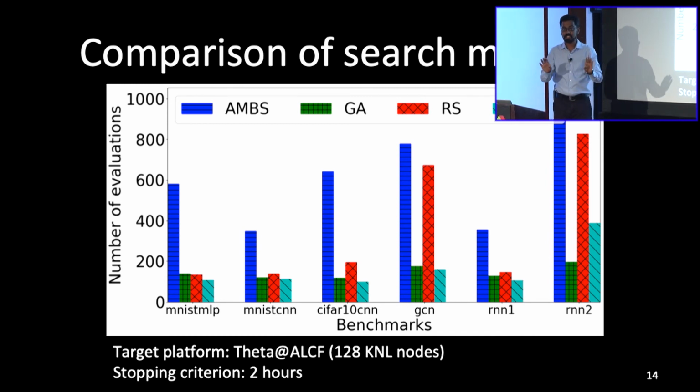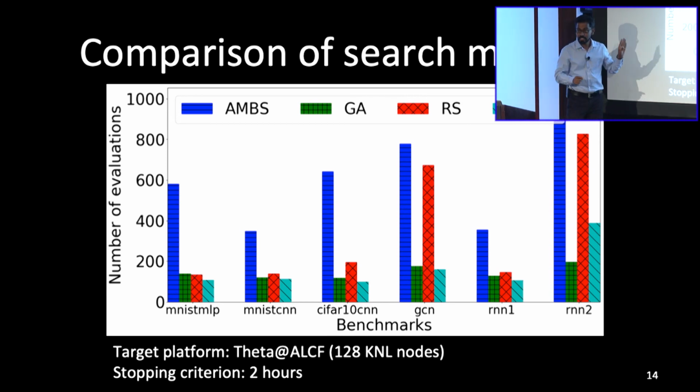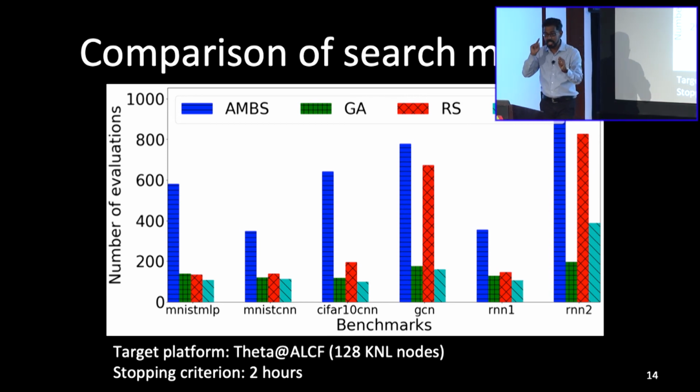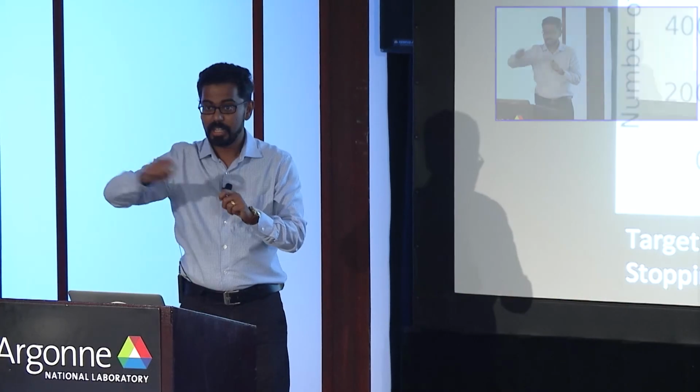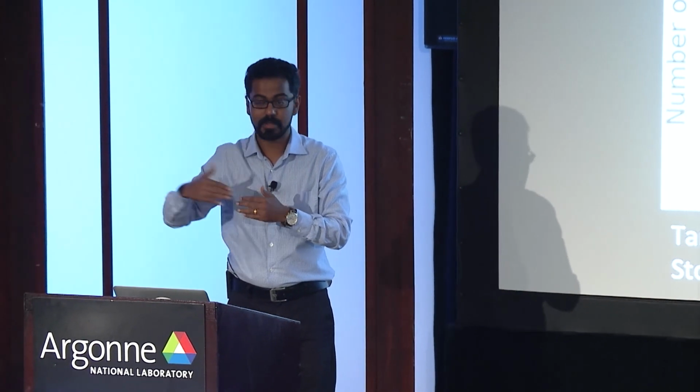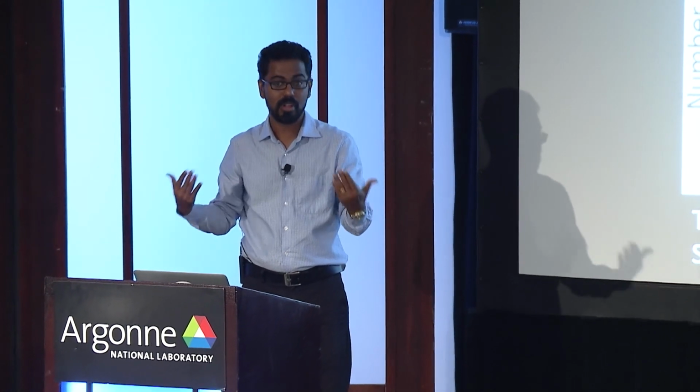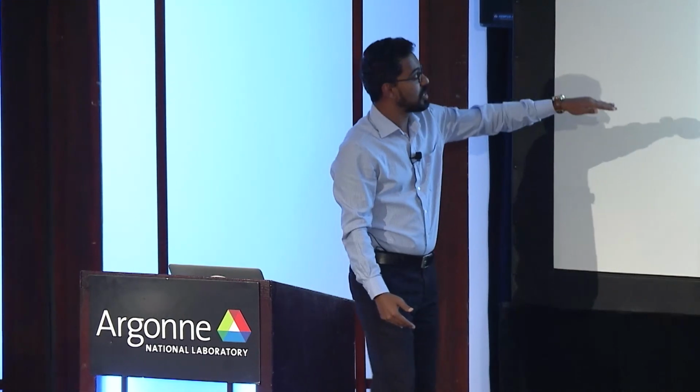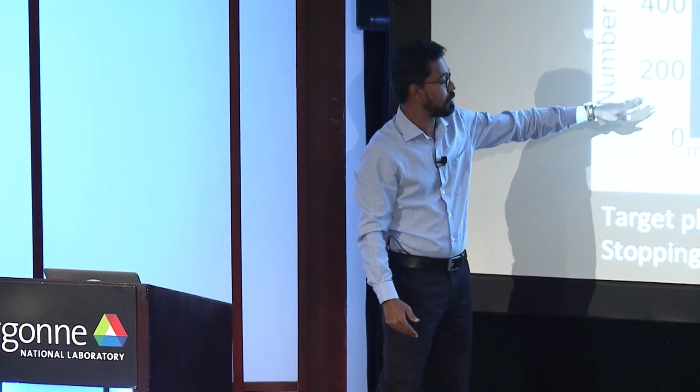But random search doesn't have any mechanism to learn that. Whereas the asynchronous model-based search, by evaluating few configurations, learns that, okay, if I do a lot of epochs, I'm not getting the accuracy in a short period of time, so I'm not going to sample that. So that's the reason why AMBS performs better than random search.